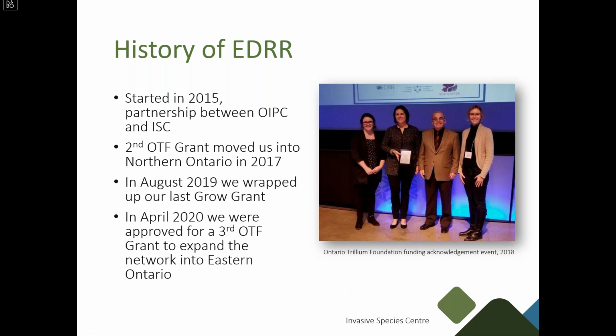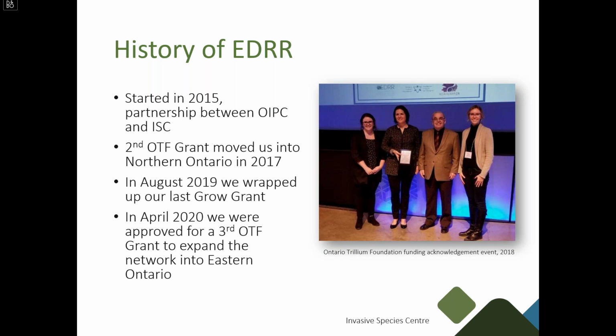A little bit of history on the EDRR network. We were started in 2015 as a partnership between the Ontario Invasive Plant Council and the Invasive Species Centre, thanks to funding from the Ontario Trillium Foundation. We received our second Trillium Foundation grant that moved us into Northern Ontario in 2017. In 2015, we were focused in the Mississauga, Thunder Bay, Halton, and Peel region.